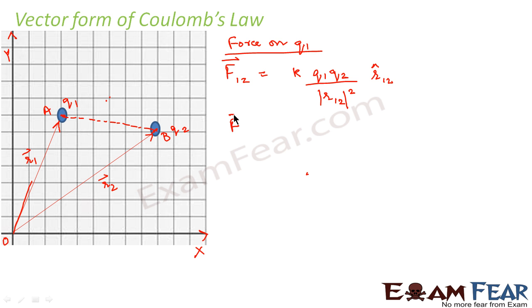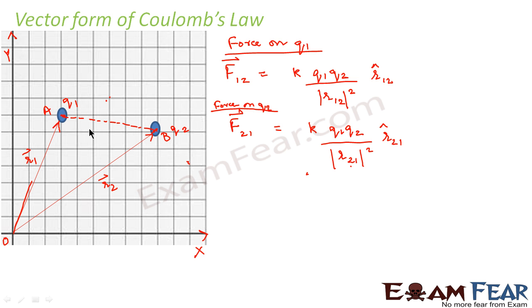Similarly, if we write the expression for the force on the charge Q2, what will happen? F21, that is force on 2 due to 1, will be equal to K Q1 Q2 divided by R21 whole square into R21 unit vector, right?